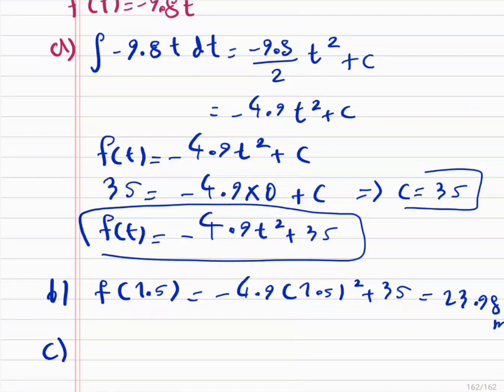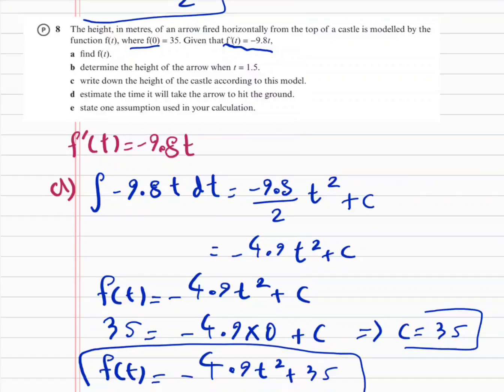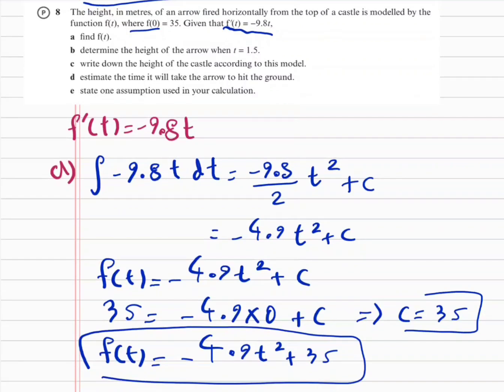And for part C, we want to estimate the time it will take the arrow to hit the ground. So here we just need to think about the situation. Basically, if the arrow hits the ground, then that means the height of the arrow is 0, right?